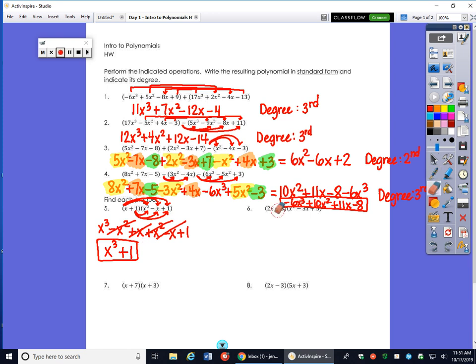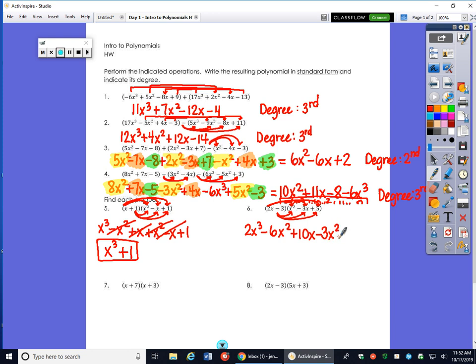For the next one, we've got 2x, which is going to be multiplied by everything. And then we have negative 3 that's going to be multiplied by everything. So 2x times x squared is 2x cubed. 2x times negative 3x is negative 6x squared. And 2x times 5 is 10x. Negative 3 times x squared is negative 3x squared.